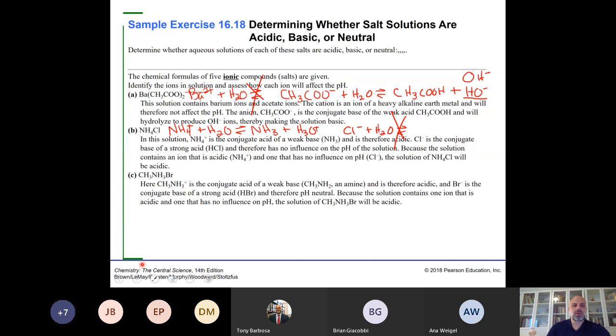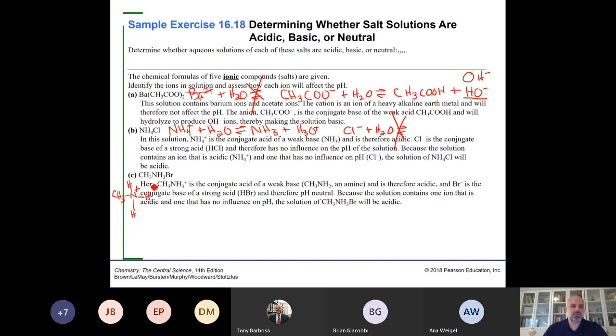So we have CH3NH3. It's going to look like this, where you have a positively charged nitrogen here.